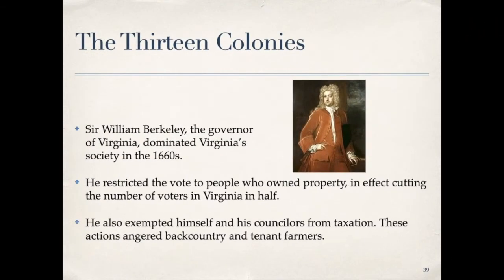Sir William Berkeley, the governor of Virginia, dominated Virginia's society in the 1660s. He restricted the vote to people who owned property, in effect, cutting the number of voters in Virginia in half. He also exempted himself and his counselors from taxation. These actions angered backcountry and tenant farmers.